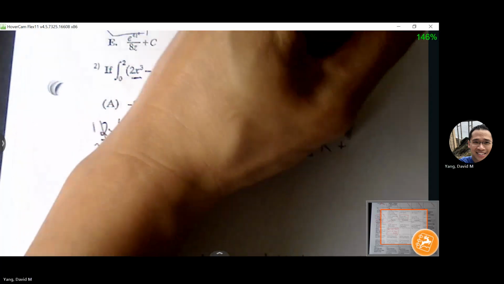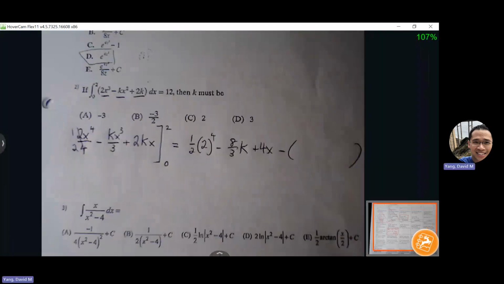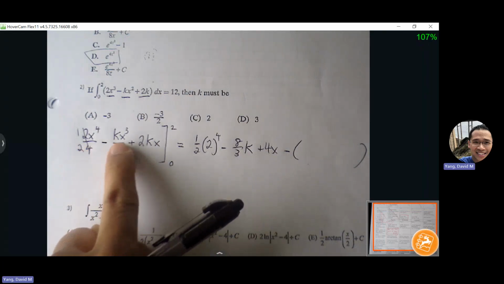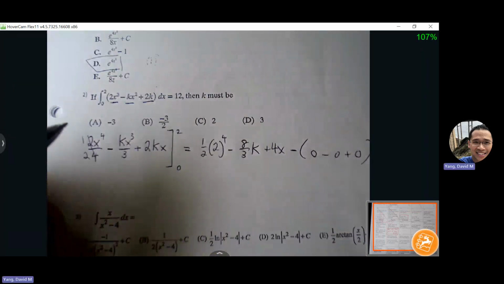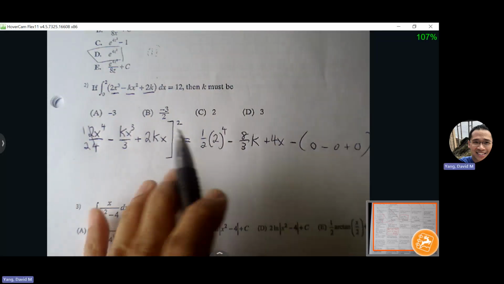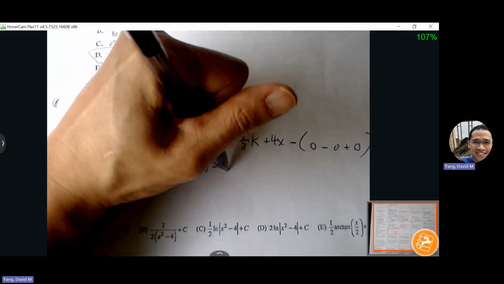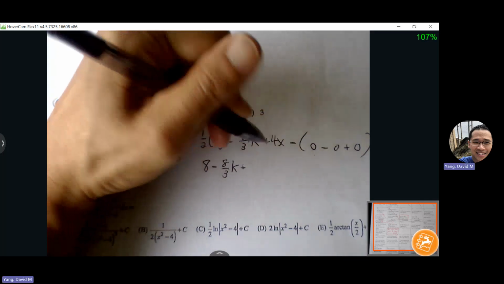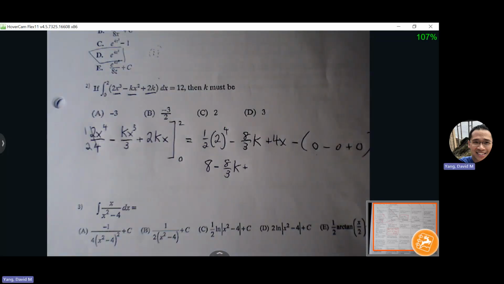All right, minus my upper bound minus, now what's the nice thing about the 0 here? That's going to wipe everything out, right? 0 minus 0 plus 0. So that's nice. We don't have to worry about that as much. So I have this being 8. Right, 16 over 2 is 8. So 8 minus 8/3 k plus, sorry, not 4x, it would be 4k.